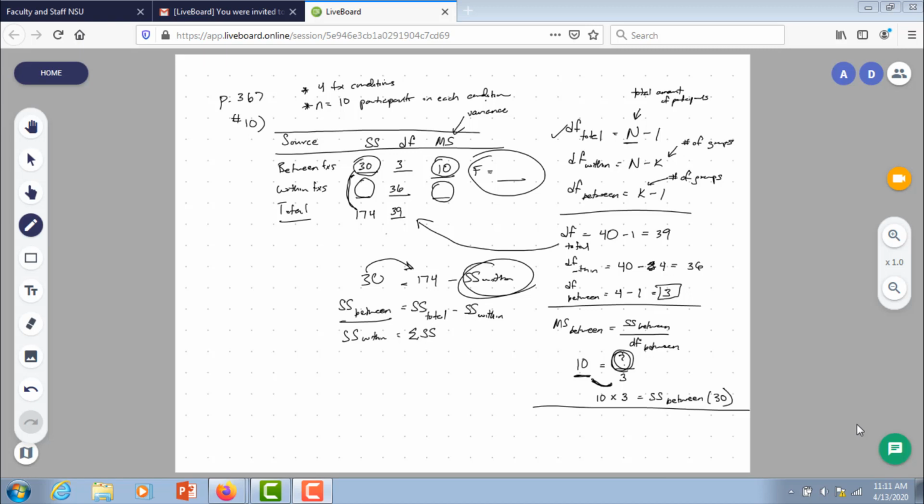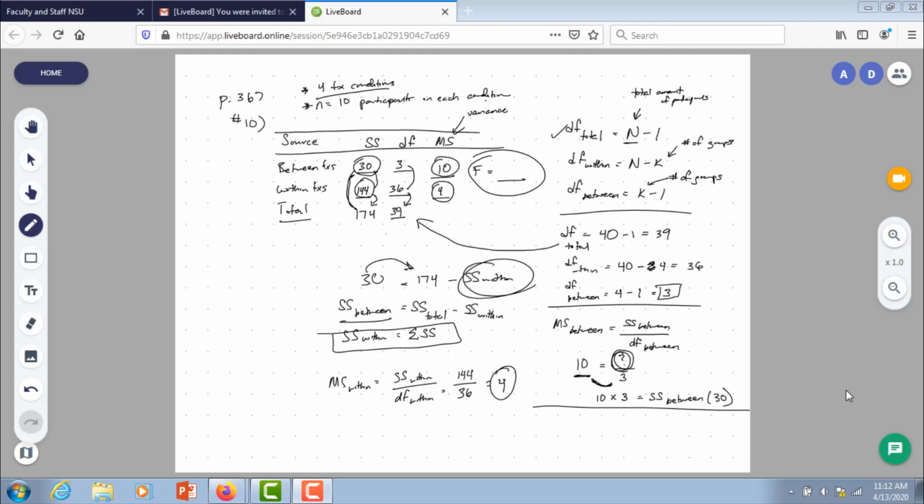Our mean squares within formula is sum of squares within divided by degree of freedom within. Sum of squares within, we've established is 144. When we divide that by 36, which is our degree of freedom within, we end up with 4. And that is our mean square within.